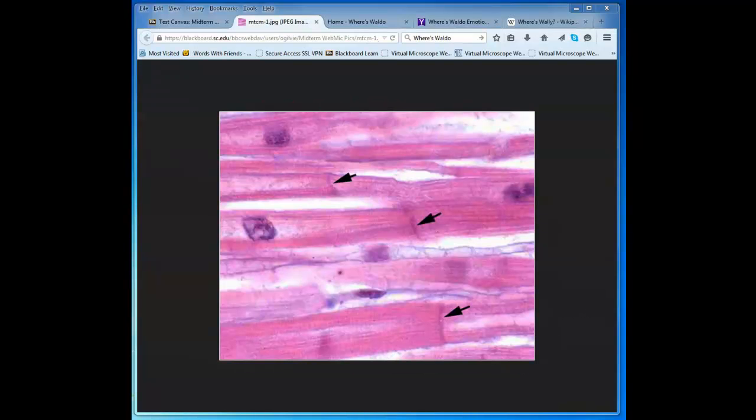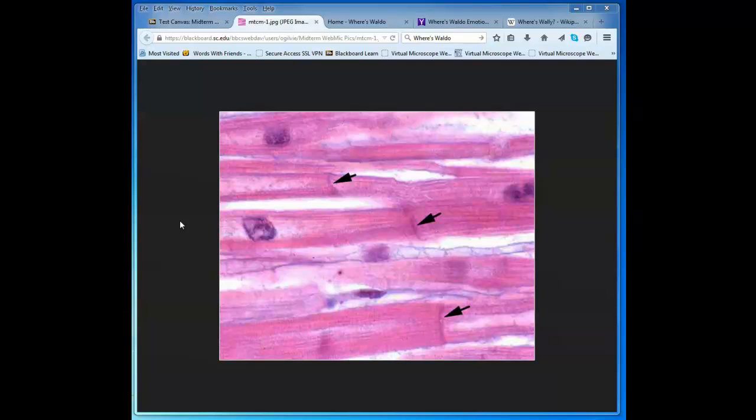This question presented an image of striated cardiac muscle tissue. You can see those characteristics very clearly here with the central nucleus, the striations, and the branched cells. And we indicated these dark lines here, and those are intercalated discs. That's the correct answer.